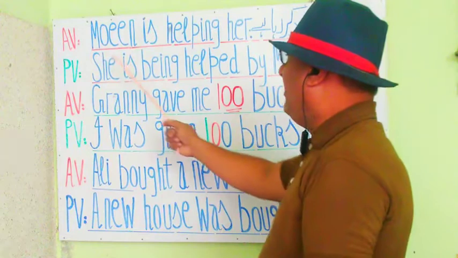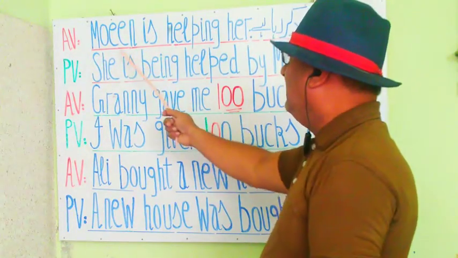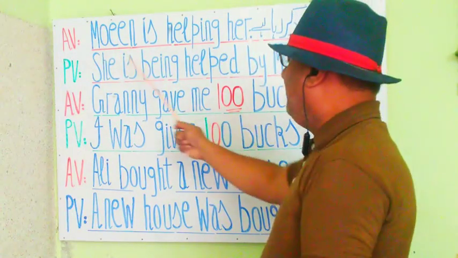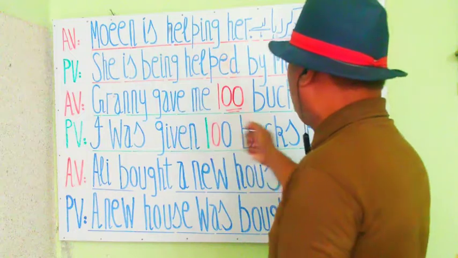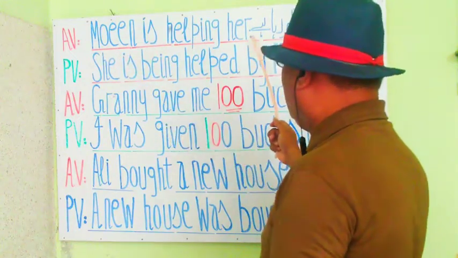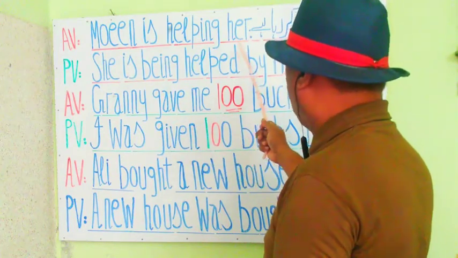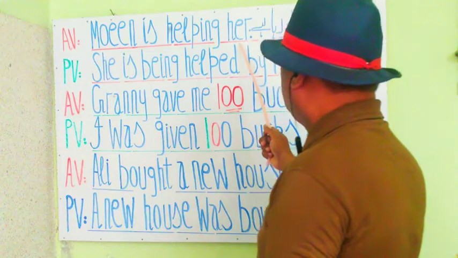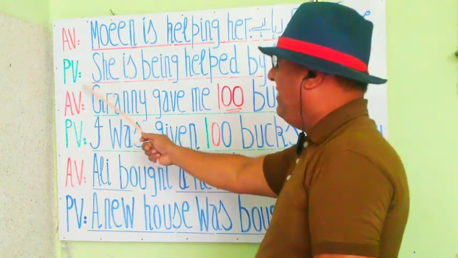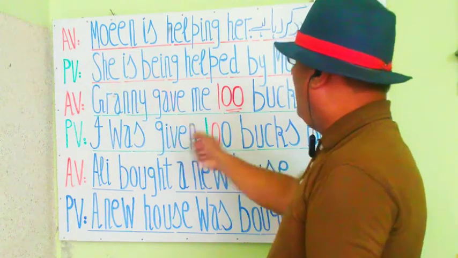So when we change active voice sentences to passive, by rules the subject and object replace each other, they change their positions. And you see that her is the object here, and its subjective form is she. So when we write down the passive voice, we have to put here she, the subjective form of her.